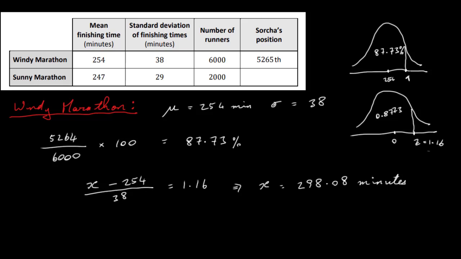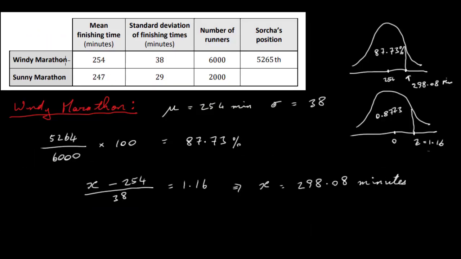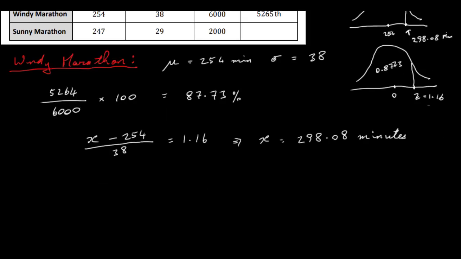So we have our time here now, which is 298.08 minutes. Okay, so I think it said in the question that Circa's finishing time for both marathons was the same. So let's have a look at the Sunny Marathon now. So we now know her finishing time for this marathon.